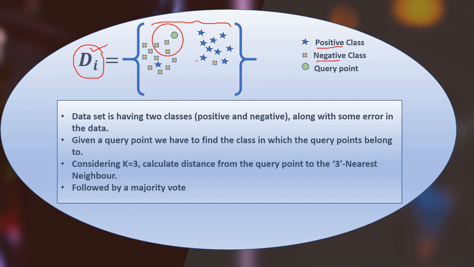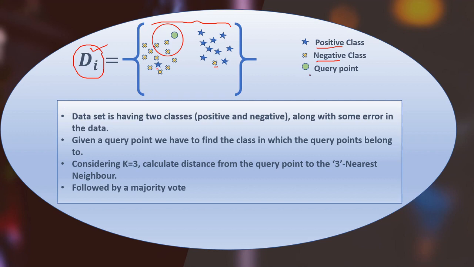I introduced this error because real-life data sets are very noisy. There are techniques to clear out the noise, and I will go through all of them, but for the time being just understand that there is noise. Here you can see one noise point, and here is another.